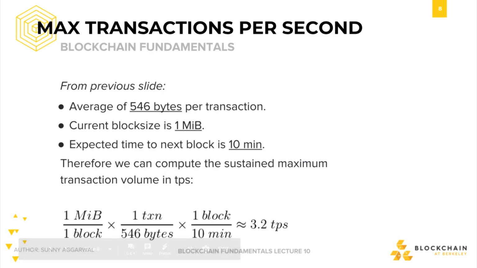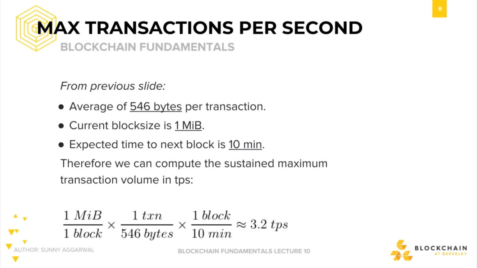So let's do some math. If the average size of a transaction is 546 bytes, the current block size is capped at 1 megabyte, and the expected time for every block is 10 minutes, what is the transactions per second that we can have in the Bitcoin network? Well, basically we have 3.2 transactions per second.